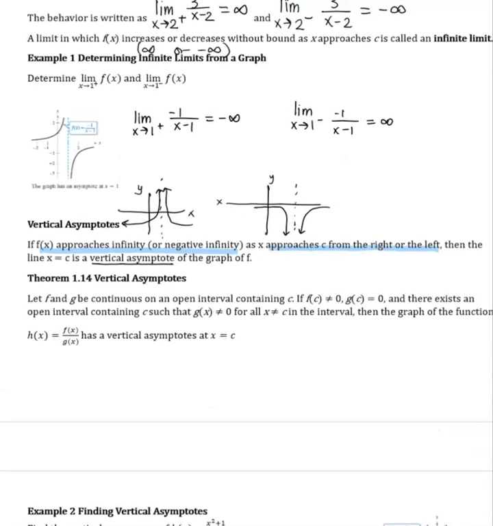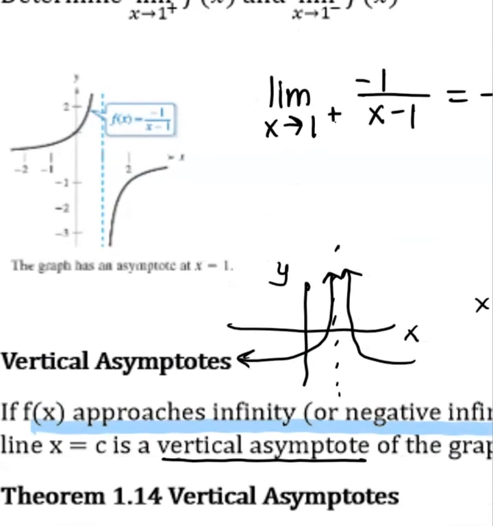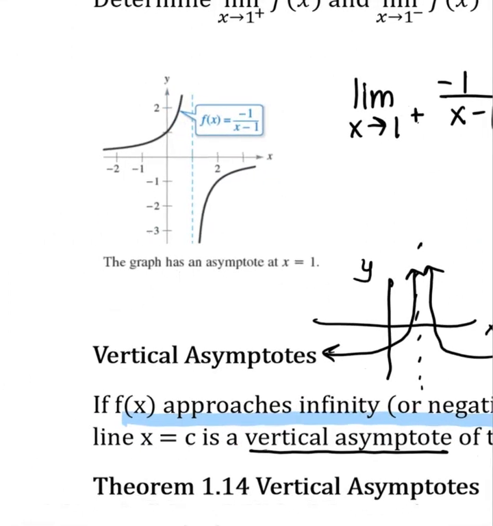So just a quick example here, f of x is equal to negative 1 over x minus 1. If we plug in 1, the numerator would still be negative 1, and the denominator would be 0. So things where we have a non-zero number over a 0 number would give us a vertical asymptote.